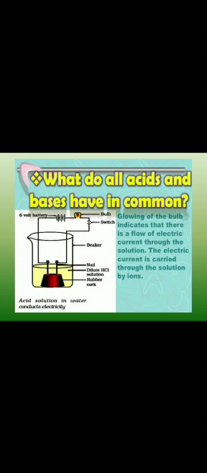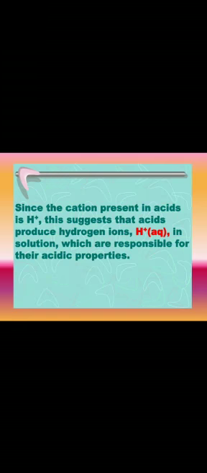Glowing of the bulb indicates that there is a flow of electric current through the solution. The electric current is carried through the solution by ions. Since the cation present in acids is H+, this suggests that acids produce hydrogen ions, that is H+, in solution, which are responsible for their acidic properties.